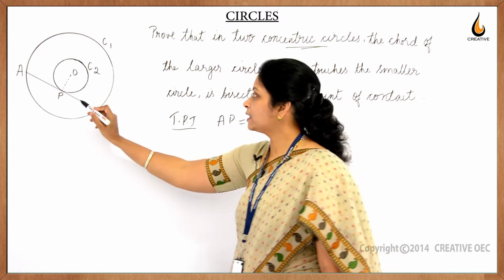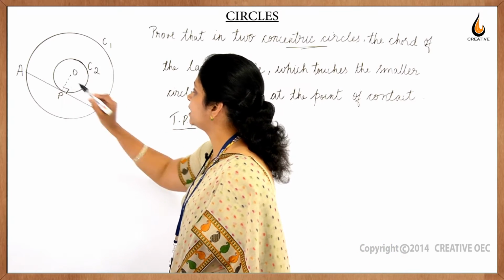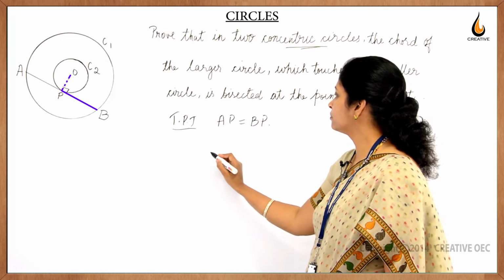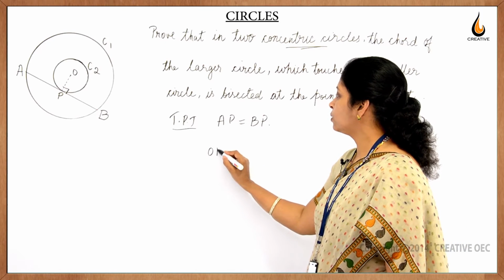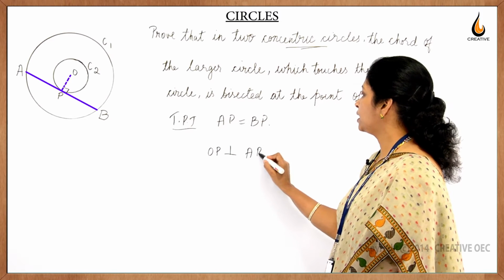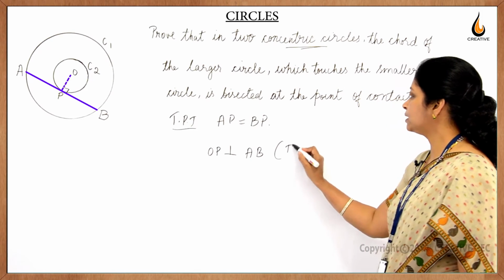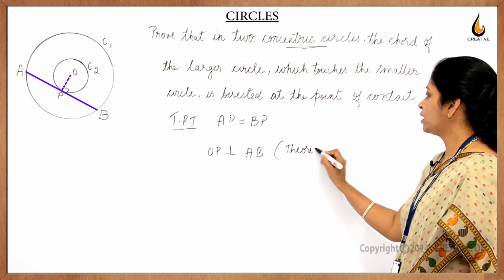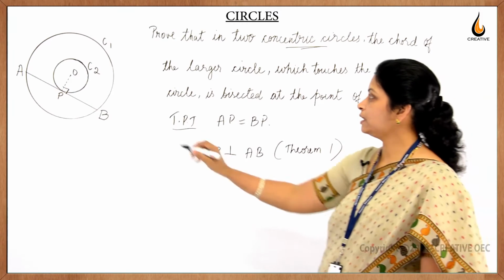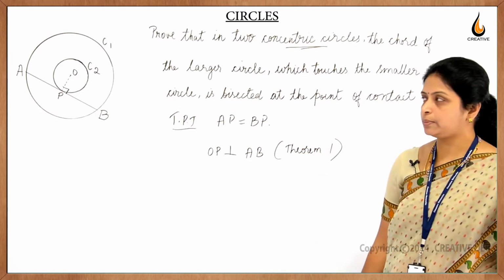That is, this angle OPB over here will be 90 degrees. So, we can say that OP is perpendicular to AB by theorem 1. You have to write the reason in the brackets.